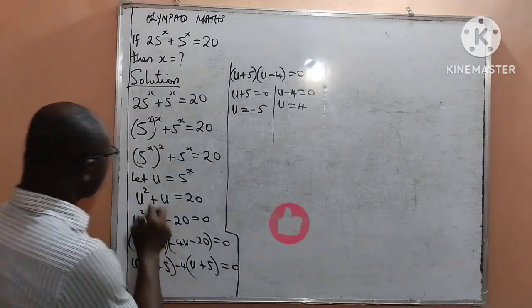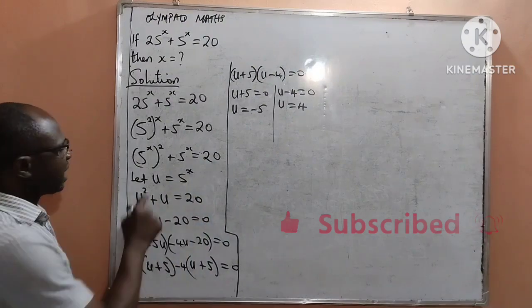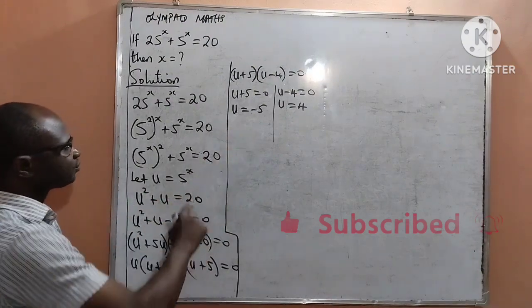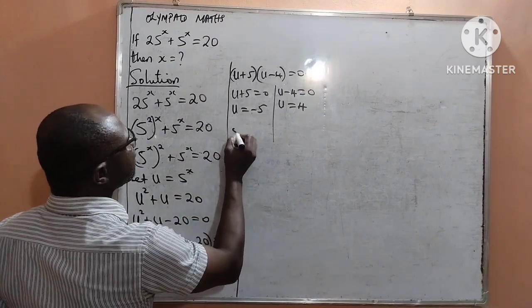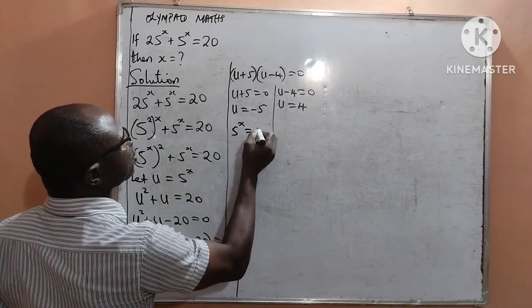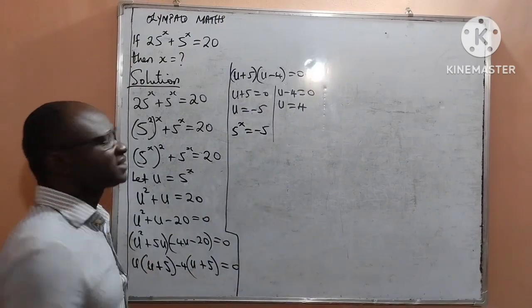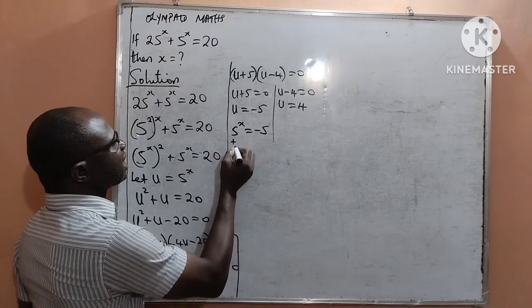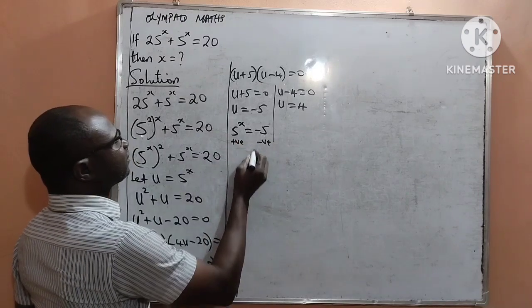But remember, we said here u is equal to 5 raised to the power x. I want to replace this value of u with 5 raised to the power x. That means from here I can write 5 raised to the power x is equal to minus 5. To solve this, you can see and agree with me that here it is positive, while in this place I have it as negative.